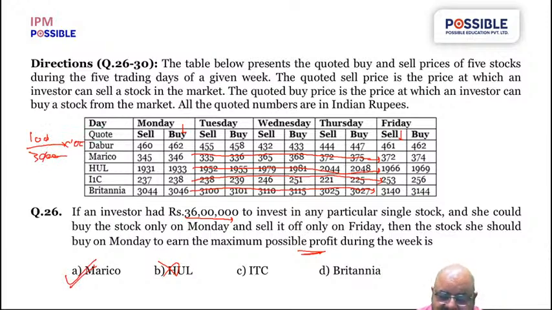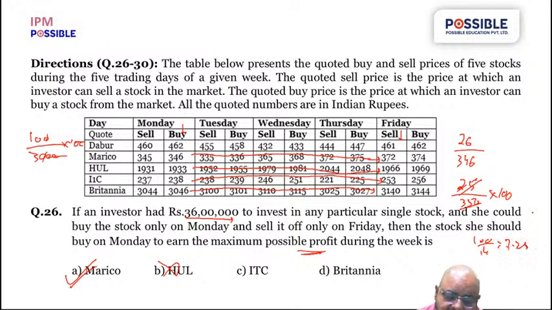Clearly, Marico has the largest percentage increase, which was 26 upon 346. Roughly speaking, about 25 upon 350. And if I try to find the value of this, 25 upon 350 would be 100 upon 14, which is over 7%, right?